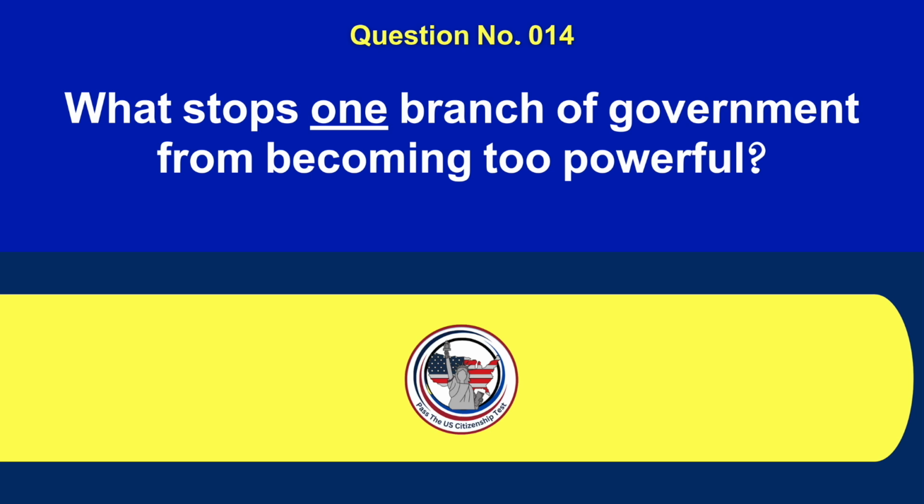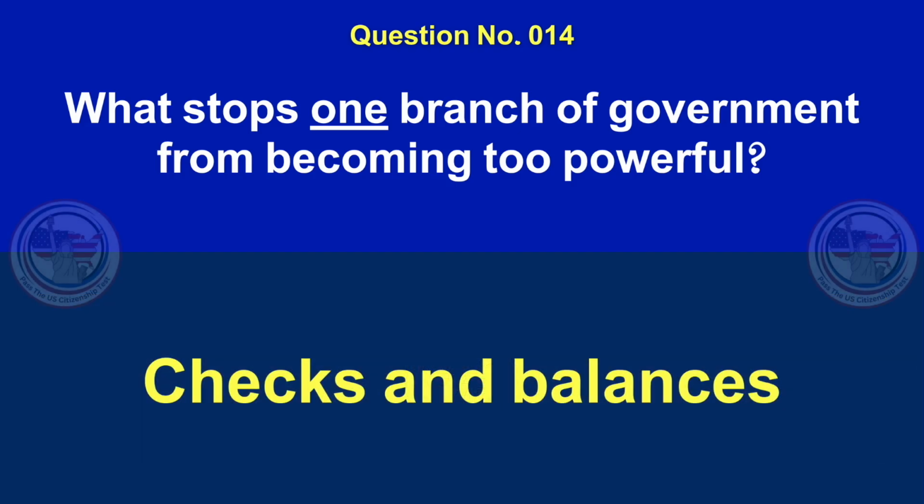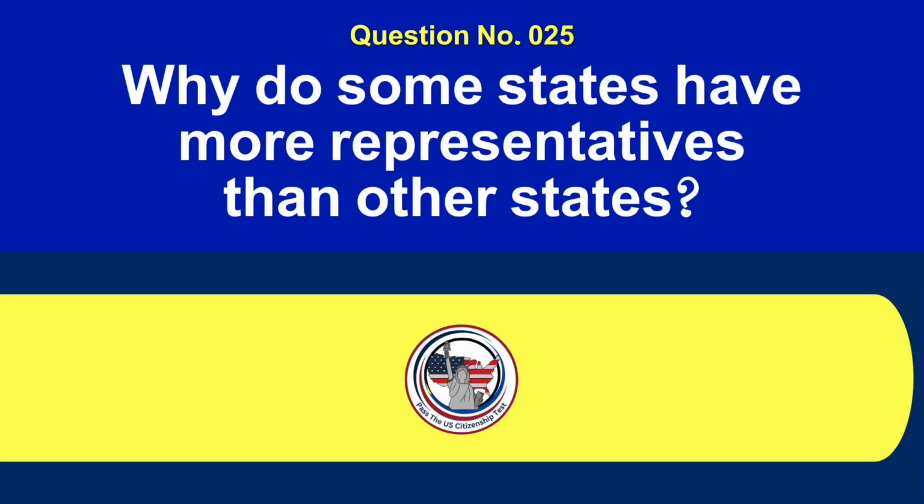What stops one branch of government from becoming too powerful? Checks and balances. Why do some states have more representatives than other states?